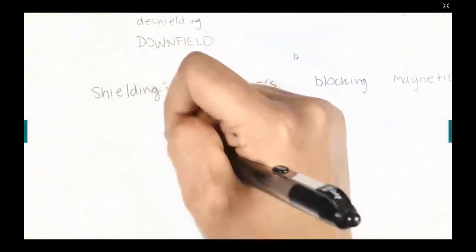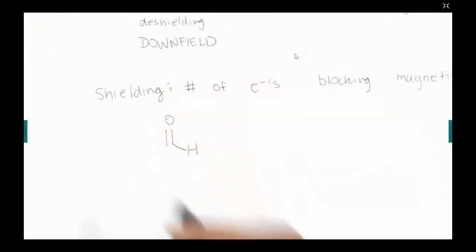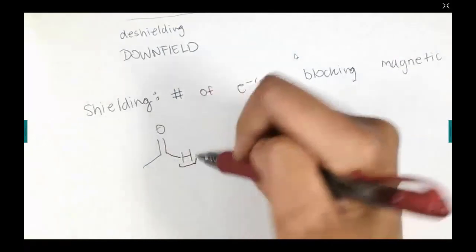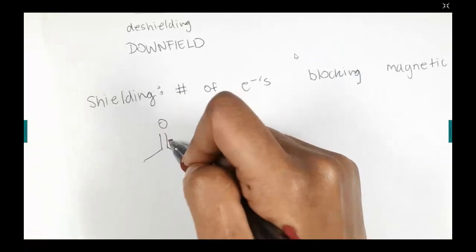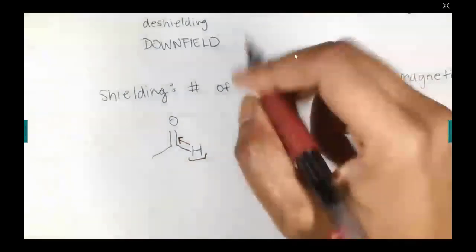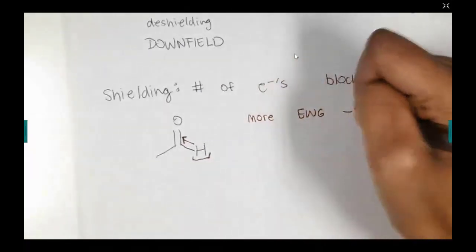One common example that we use is aldehydes. Aldehydes have a downfield shift of 10. The reason being, with this hydrogen here, the electrons are getting stolen pretty clearly by this carbonyl. Even though they're sharing those electrons to form a bond, the carbonyl is acting as an electron withdrawing group. So the more electron withdrawing groups you have, the more deshielded something is going to be. More electron withdrawing, more deshielding.